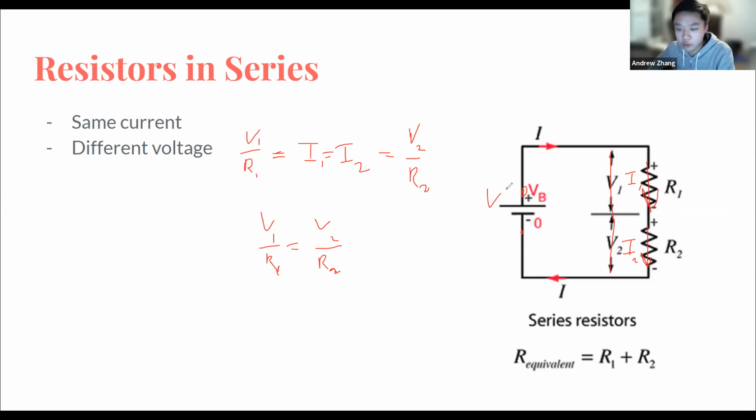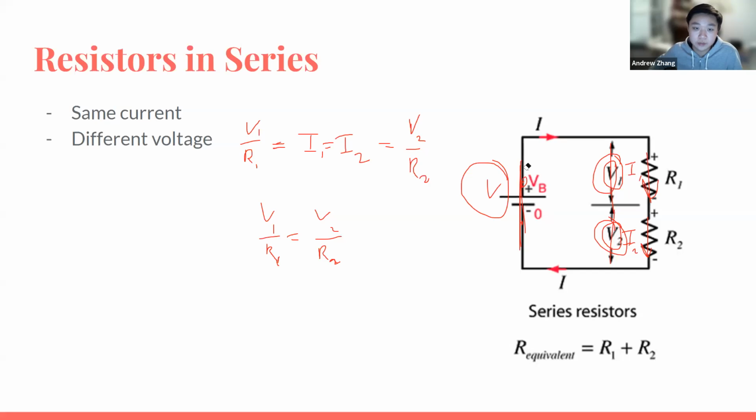Well, the trick is that V1 and V2 aren't actually positive. It really depends on how you're positioning yourself, going one direction or the other, but we generally like to assume that V1 and V2 are negative. The battery VB is providing some amount of voltage V to the circuit, and as it goes through the resistors, each resistor takes away some amount of that voltage.